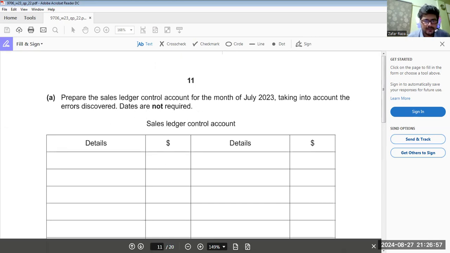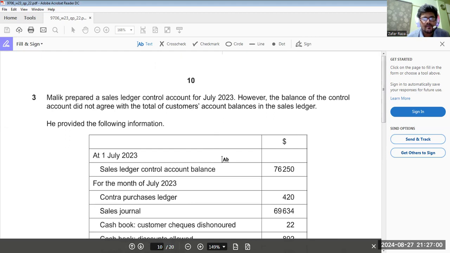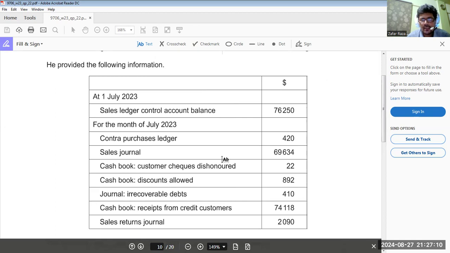Now see, sales ledger control account is basically accounts receivable control account or debtors control account. It is being treated as a current asset account. So we take all the balances. Here is the opening balance.